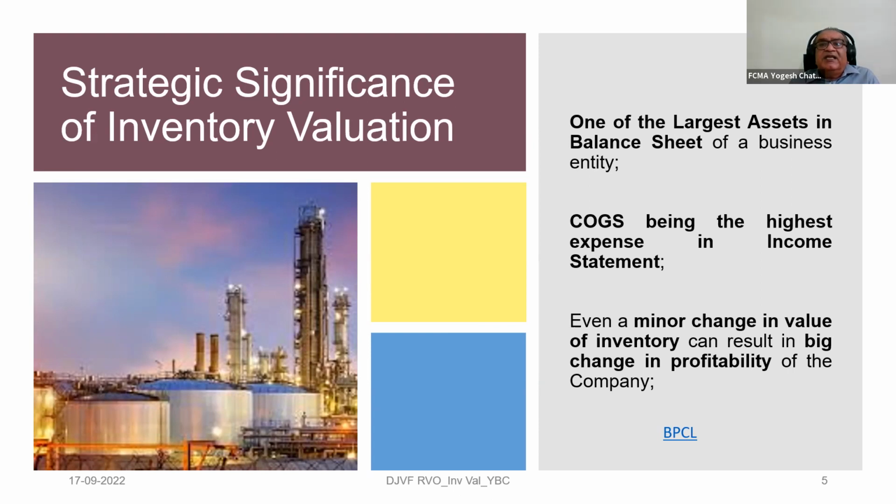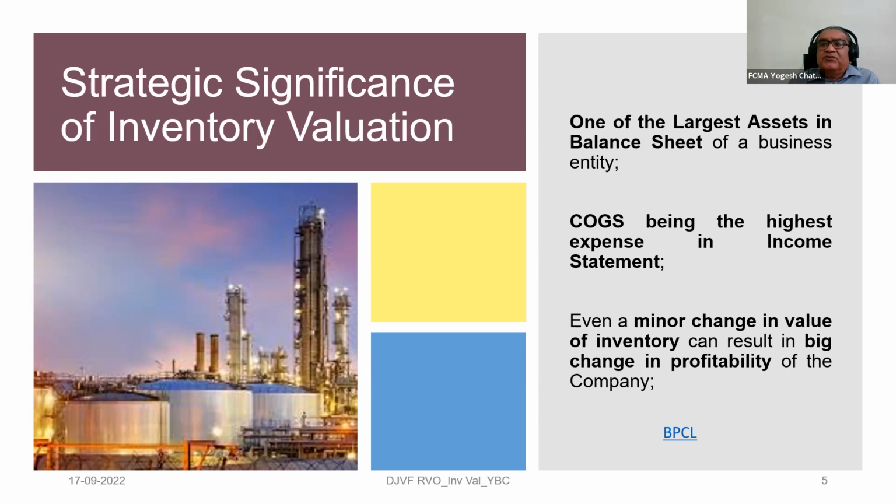So its importance goes without saying. That is the largest asset in the balance sheet of a business entity. And cost of goods sold is the highest expense in the income statement. So in one financial statement, it is the largest asset in the balance sheet, and in another financial statement, which is the income statement.